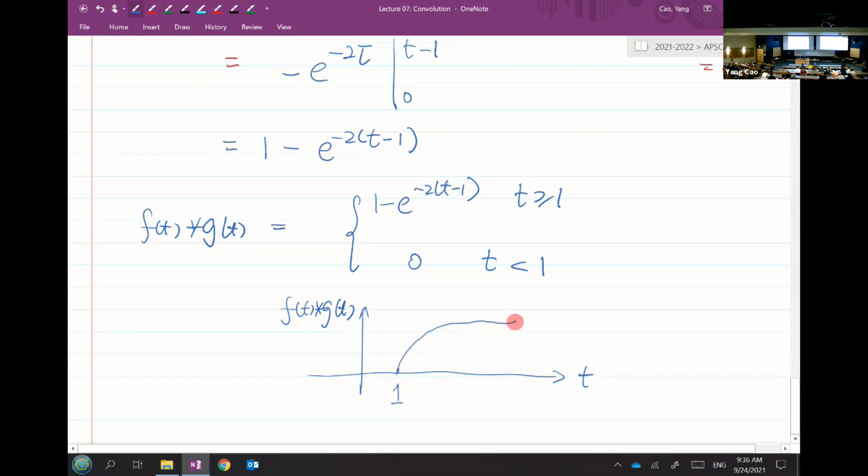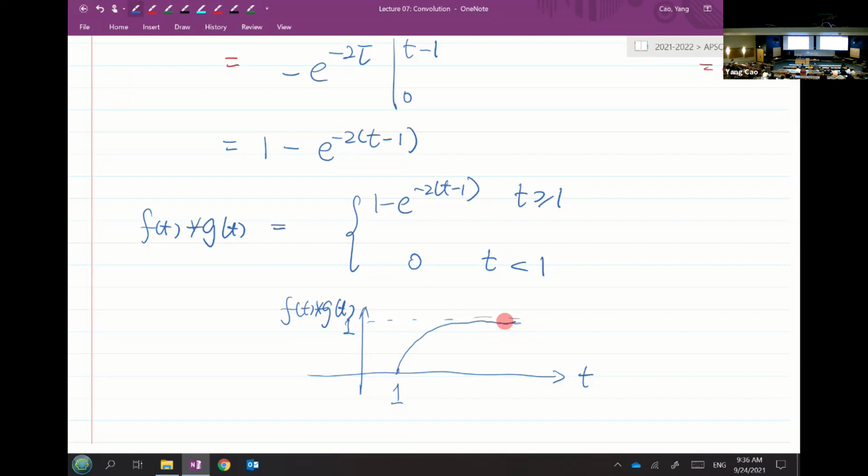So it will go up, but it will approach 1 infinitely. It will not touch 1, but it will approach 1 infinitely. So that's what this graph will look like. Cool.